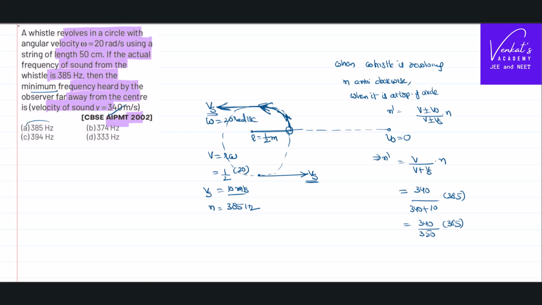Therefore 385 and 394 are definitely wrong answers. And 34 by 35 is close to 0.9, so it cannot be even 333. So it has to be 374 Hz. So when you calculate, you will get the answer as 374 Hz. So the apparent frequency heard is 374 Hz.